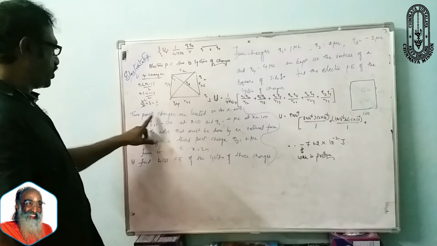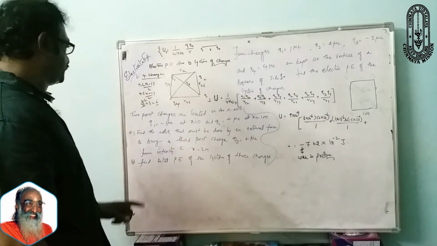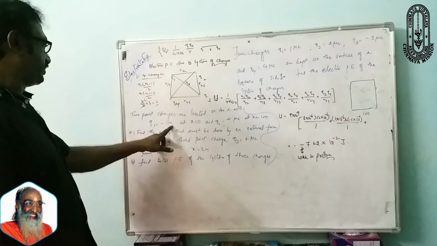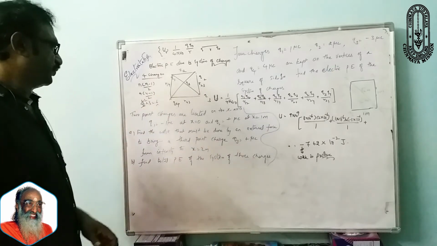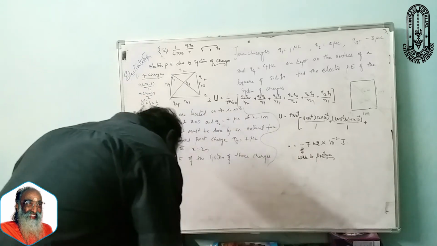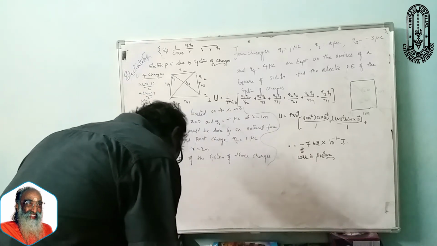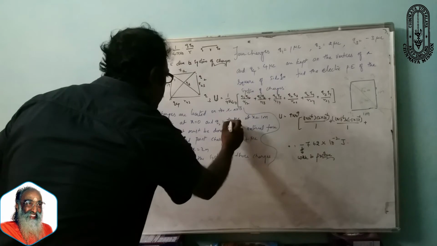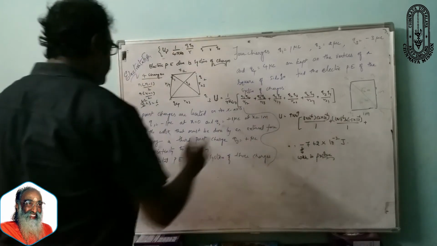So 2 point charges are located on the x-axis. Q1 is minus 1 microcoulomb at x equal to 0, and Q2 is plus 1 microcoulomb at x equal to 1 meter.